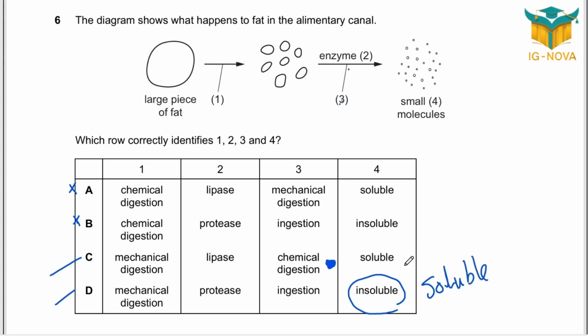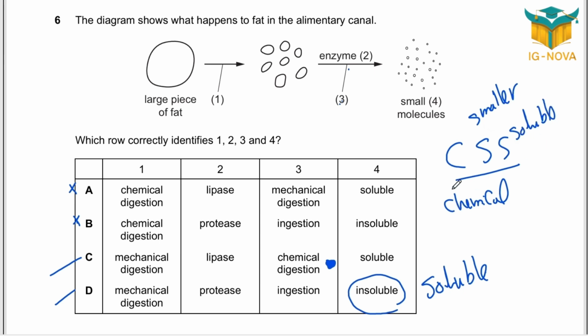So chemical digestion makes small, soluble particles. CSS technique: chemical converts larger into smaller and insoluble into soluble. Don't forget. CSS. So option C is correct.